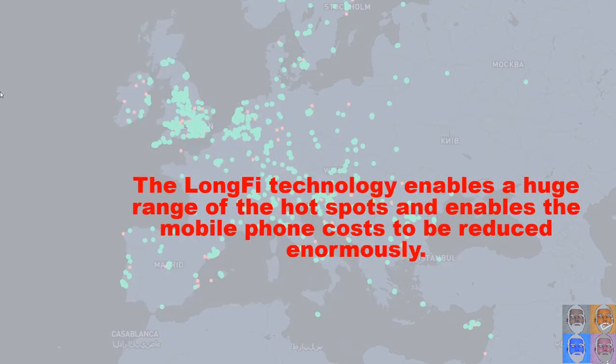So let's start with the first question: what is Helium? The LongFi technology enables a huge range for the hotspots and enables mobile phone costs to be reduced enormously. Mobile providers send data, not just the internet data we use for Netflix, YouTube and WhatsApp.